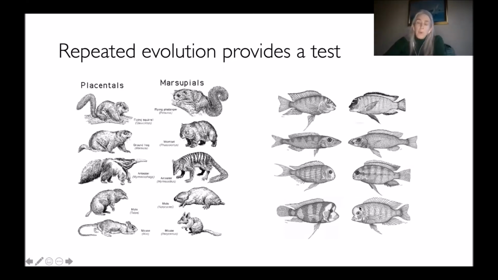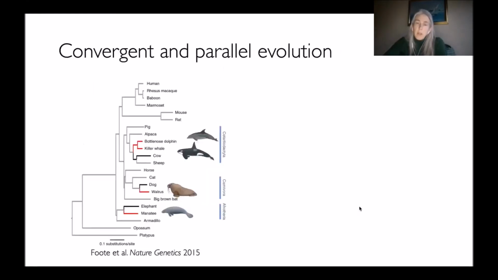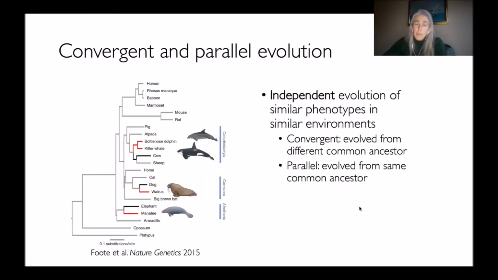First I just want to define my terms here. Convergent and parallel evolution is the independent evolution of similar phenotypes in similar environments. When I use the term convergent, I generally mean they evolve from a different common ancestor. Marine mammals provide a nice way to illustrate this.